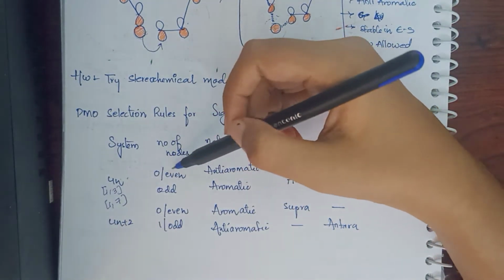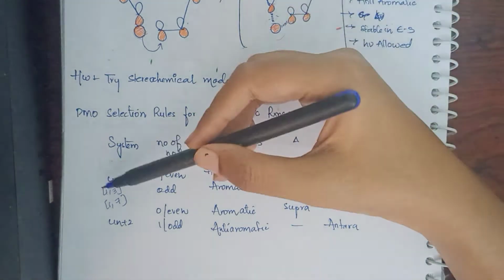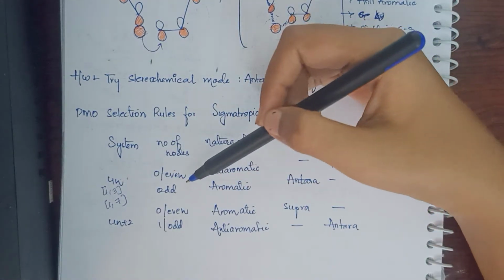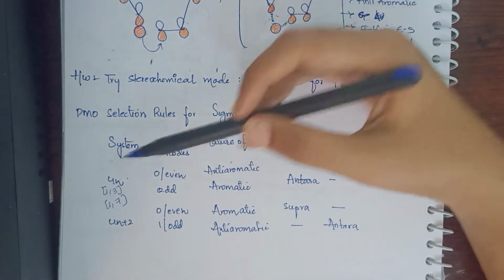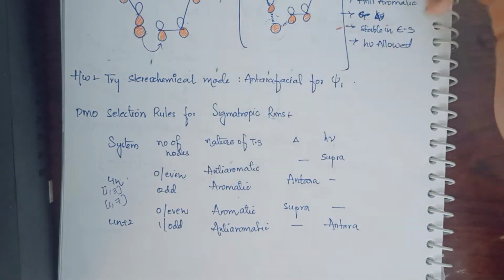Number of nodes: 0 or even, or odd. We already know 4n with 0 or an even number of nodes is anti-aromatic, and 4n with an odd number of nodes is aromatic.